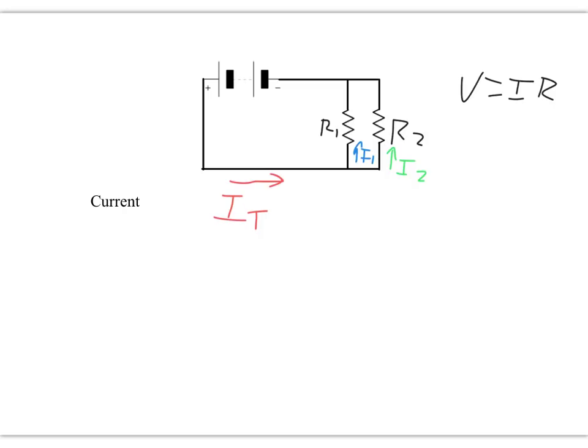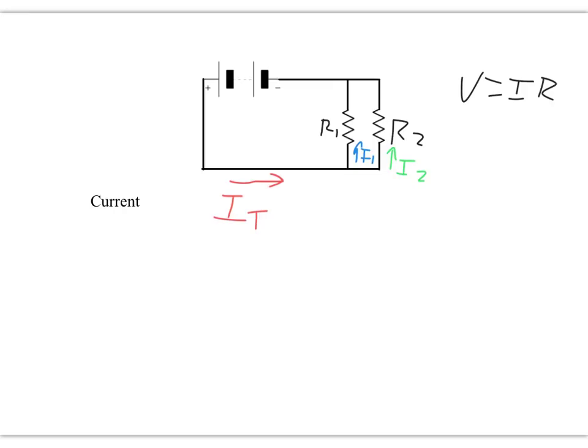What's important here is that we have conservation of charge, so when the current splits up between the two resistors, that split is coming from the total current. Part of the current goes through this, part goes through that, and then when it comes back together along this conductive path up here, we have I total again.